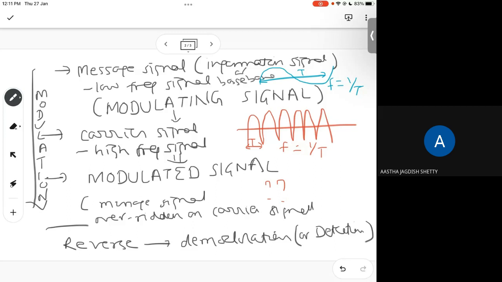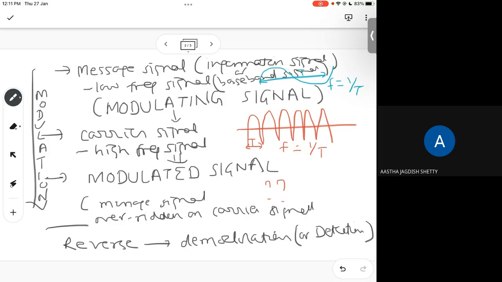That is also a very popular word, a very common word we normally use. So baseband signal is nothing but your message signal, your low frequency signal, which is overridden on a carrier signal to give rise to a modulated signal.